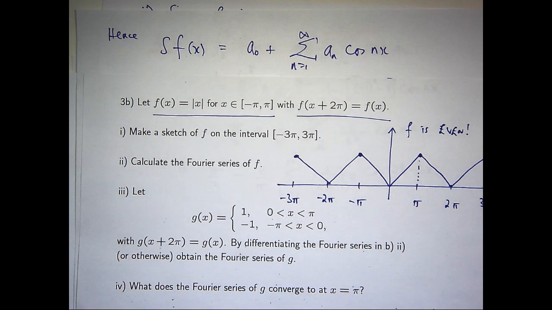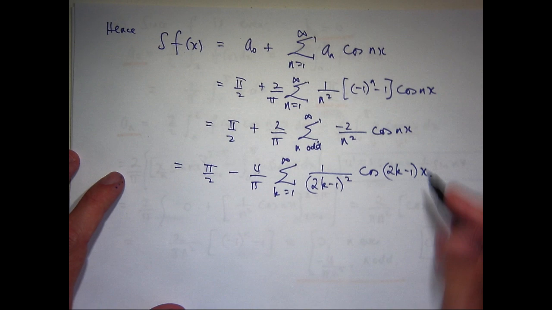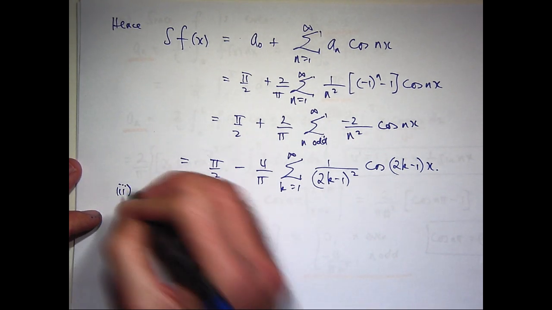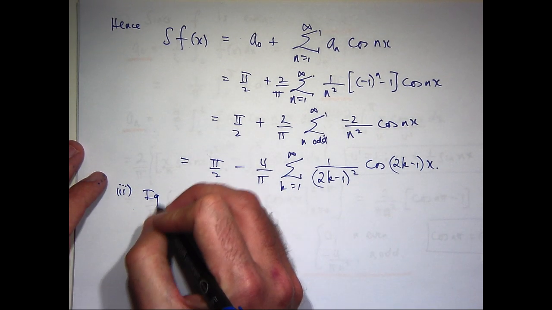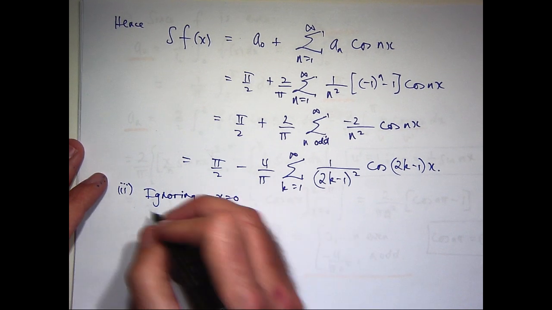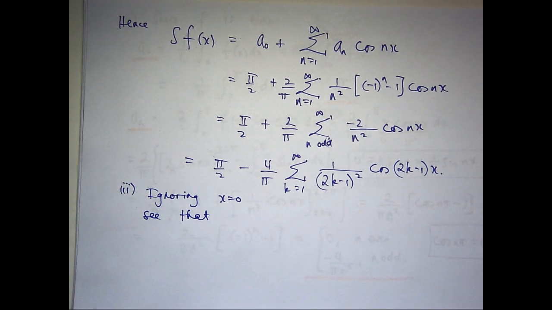This will become that. So essentially what I've got is a new Fourier series just by differentiation. So this is now part 3. I'm just going to ignore the point x equals 0 because the absolute value function isn't differentiable there, but that's not a big deal.